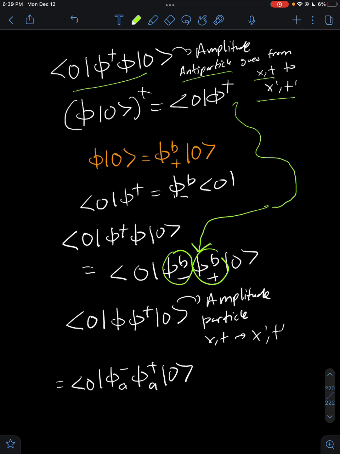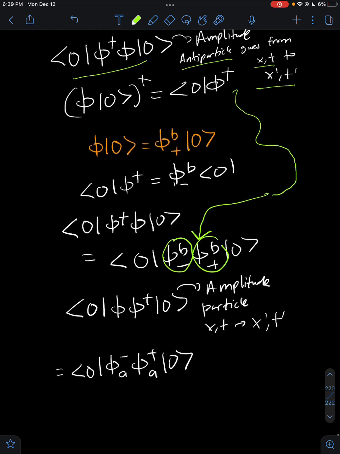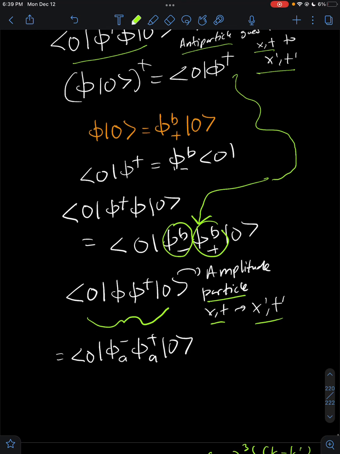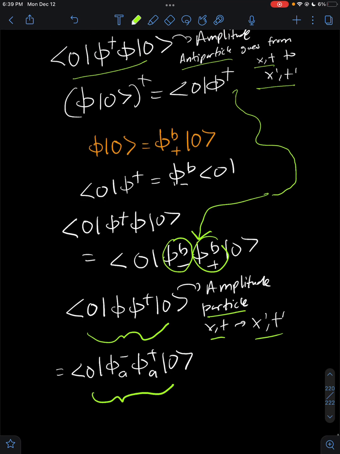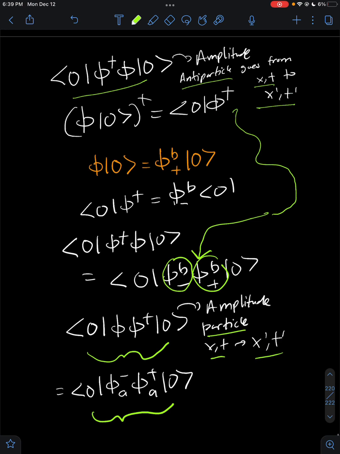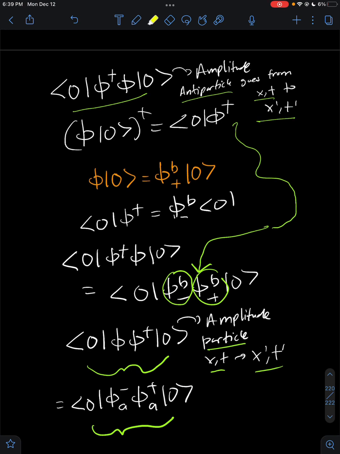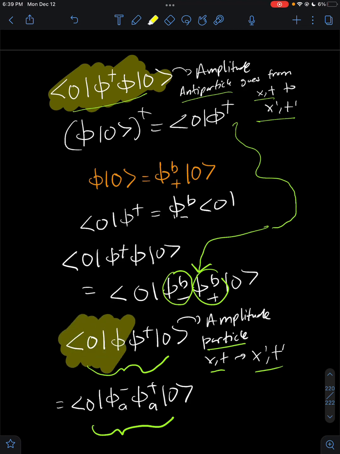You can look at the same case for the amplitude that a particle goes from x,t to x prime,t prime. That's going to be this over here. You can convince yourself why that's the right expression for the amplitude. And that's going to give you this over here, which again is going to be a non-zero value. So those are the only cases where we have a non-trivial value for the propagator.